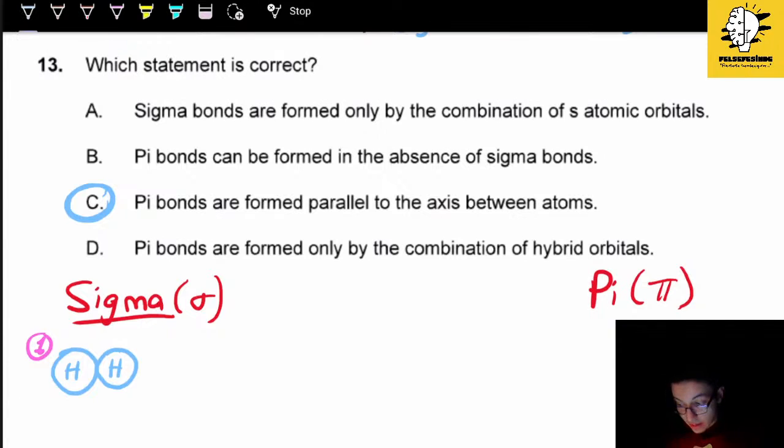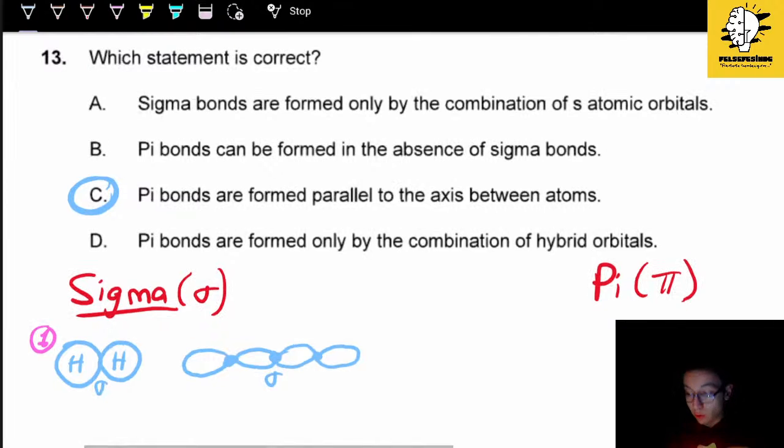And secondly, we may have another overlapping just in this way. Again, a sigma bond is created here. A sigma bond was also created here. Again, a head-on overlapping.